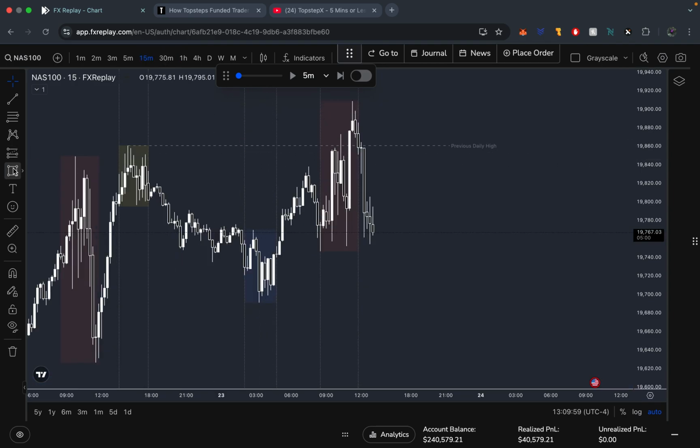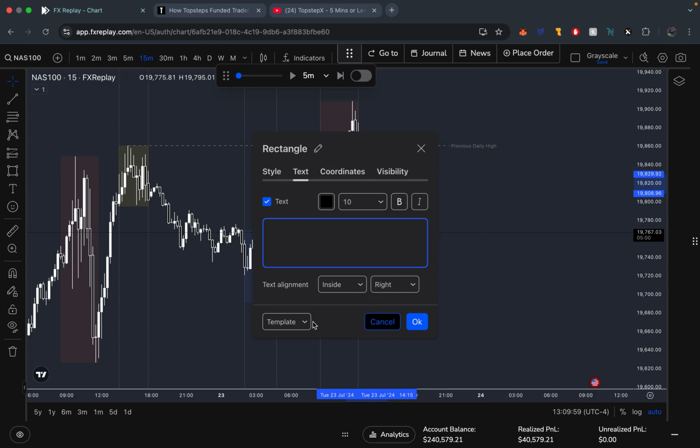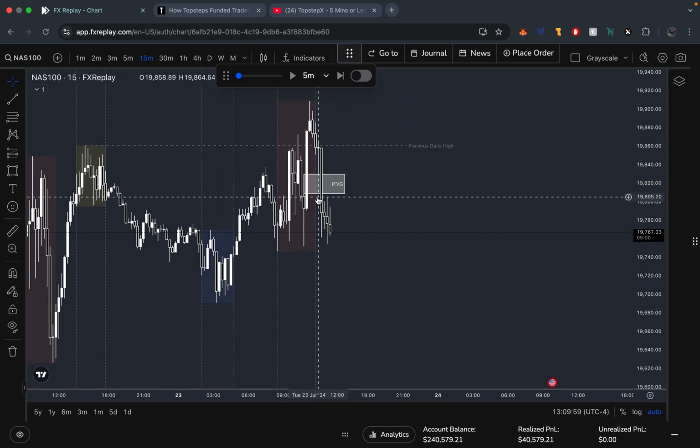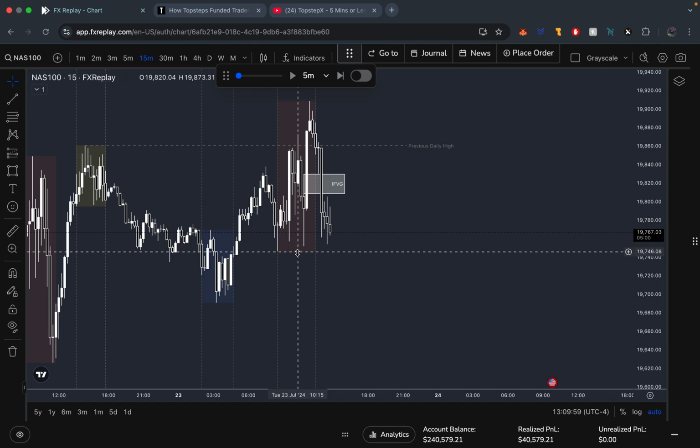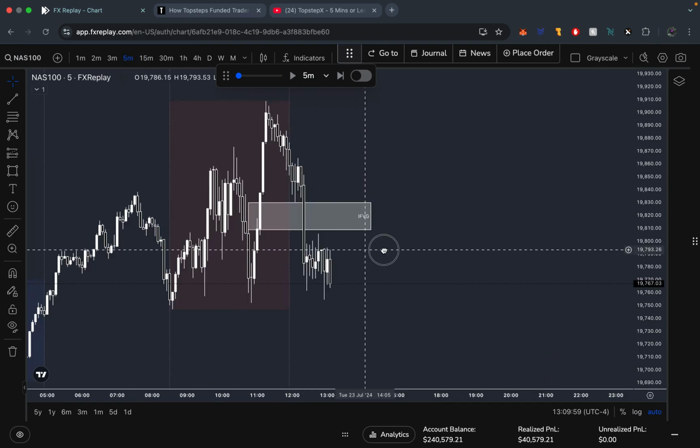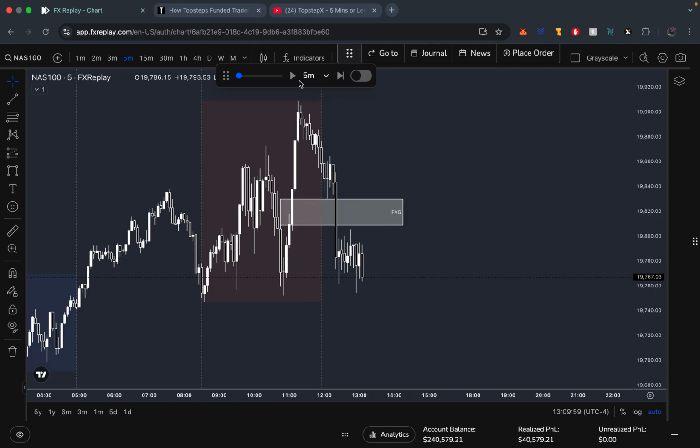So I'm going to take this 15-minute, like so. Mark that out. So now we're looking for a fair value gap to form after a market structure shift, which may take place, may not.